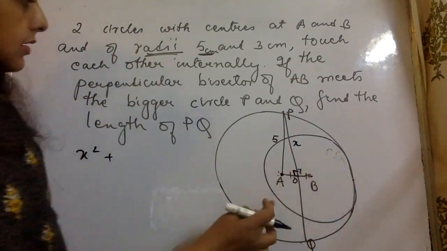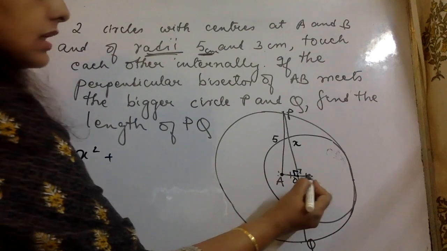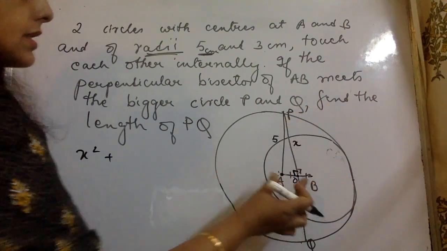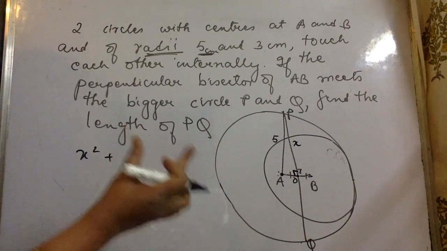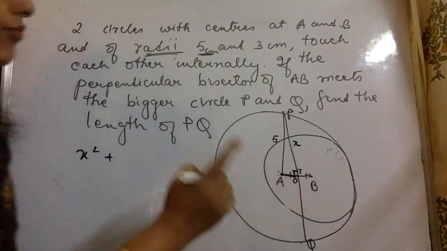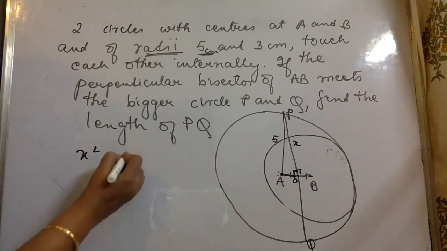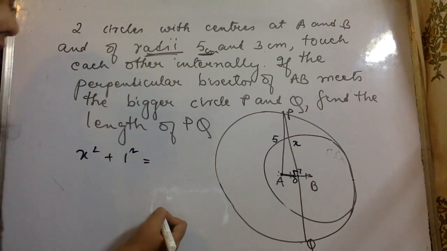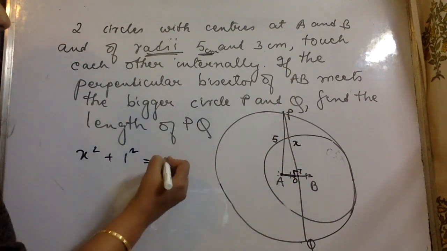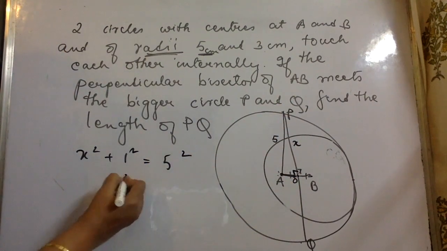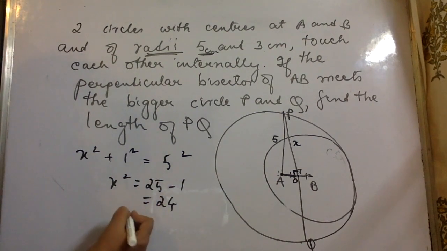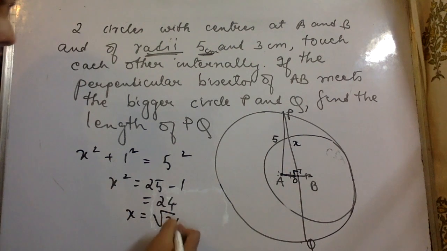A till the end radius is 5. B till the end, because that is the radius of the smaller circle, is 3. Then AB is 2. That AB has been bisected, so AO is 1. Therefore x square plus 1 square, the 90 degrees here, and this is the hypotenuse. AP is the hypotenuse, is 5 square. x square is 25 minus 1, which is 24. So x is root 24.